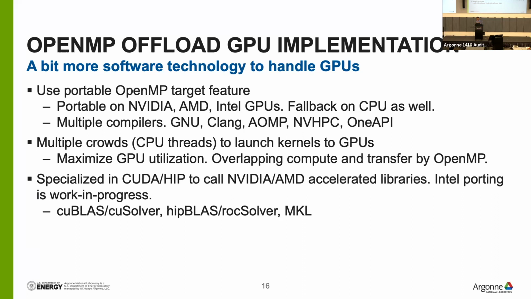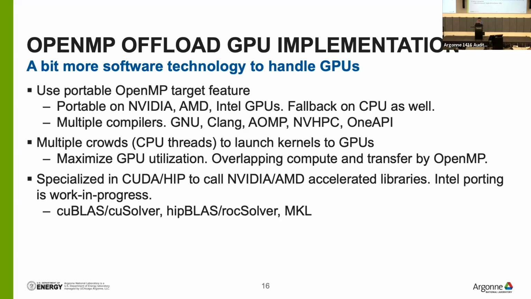That is the optimization done by the OpenMP runtime, overlapping your transfer and compute. So you get those benefits for free. On the other side, the QMC algorithm does a lot of matrix work, so it still relies heavily on the linear algebra libraries provided by the vendors.